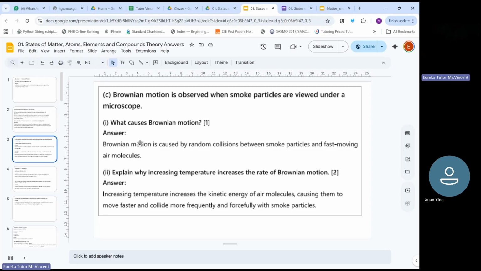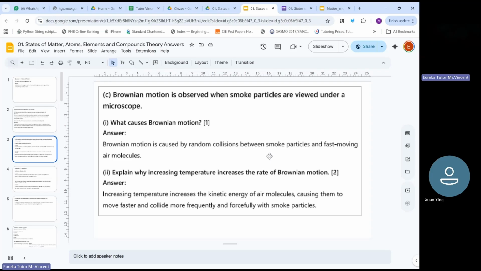Next, Brownian motion is observed when small particles are viewed under a microscope. So what causes Brownian motion? You can say that Brownian motion is caused by random collisions between the small particles and the fast-moving air molecules. You must be able to use the proper language to provide the complete answer.